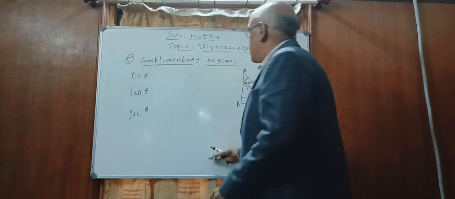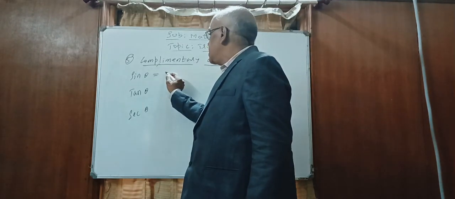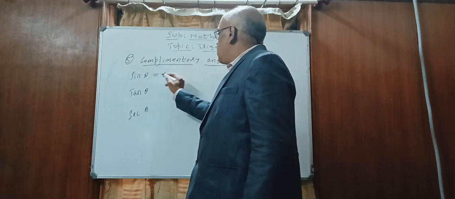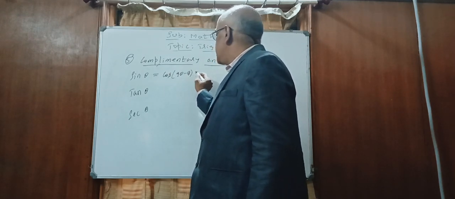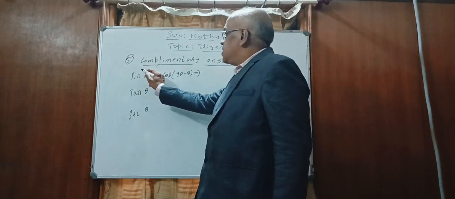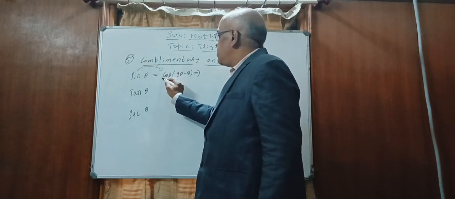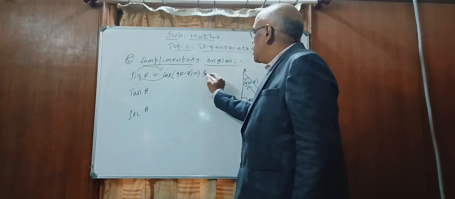Come back to our topic. Now, what you have to remember: the complement of sine is cos. What is the complement of theta? Just now we have studied, 90 minus theta. What does it imply? Sine and cos are complementary to each other. What is the complement of cos? Sine.